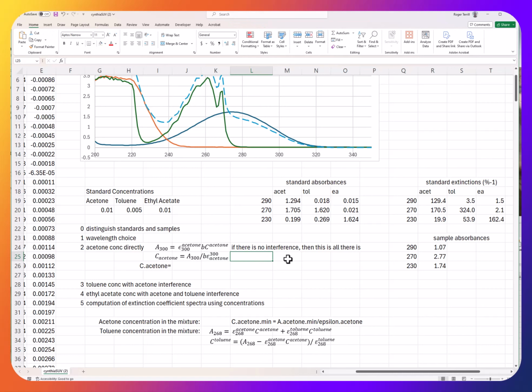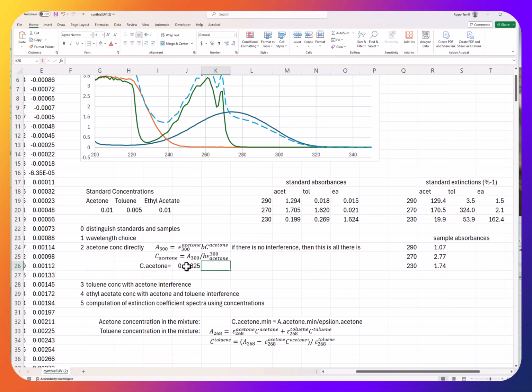So this guy here will equal the Stanford absorbance at 1.07 divided by epsilon acetone at 300 or 290, let's say. And this is 0.00825, and this is roughly the amount by which this is smaller than this. If this guy's 0.01, then this is 0.00825, so that makes sense.